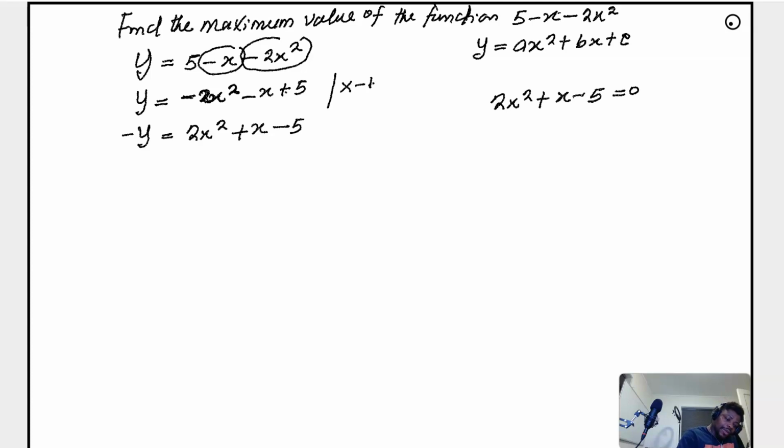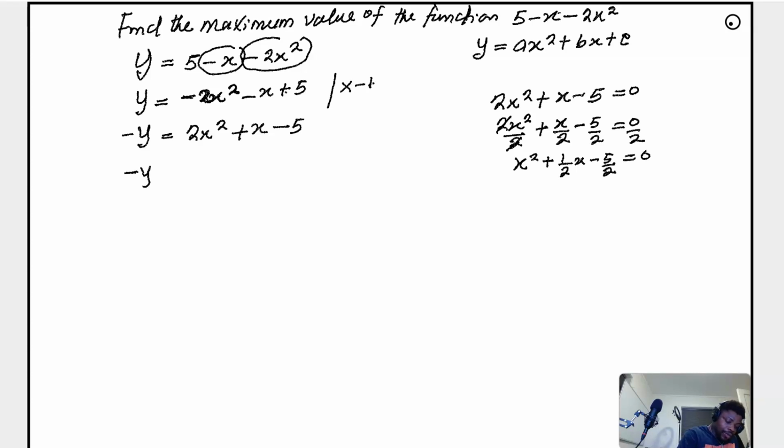Okay, so here, divide through by 2, because before you can apply completing the square, the coefficient of the variable having the highest power must be 1. So this cancels this. So this is x squared plus 1 over 2x minus 5 over 2 is equal to 0.